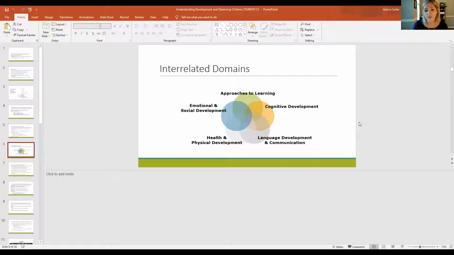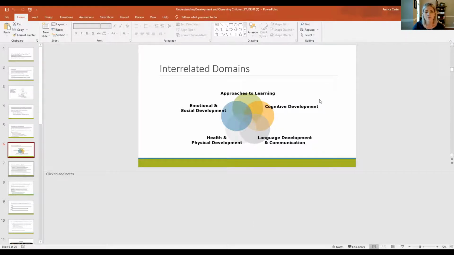And this approaches to learning, the 5th domain, is coming from the North Carolina Foundations, because our state recognizes that developing things like curiosity, a sense of wonder, those type of cognitive skills, if you will, are called approaches to learning in our state, and they're recognized as being important to children's development and overall success in learning in general.